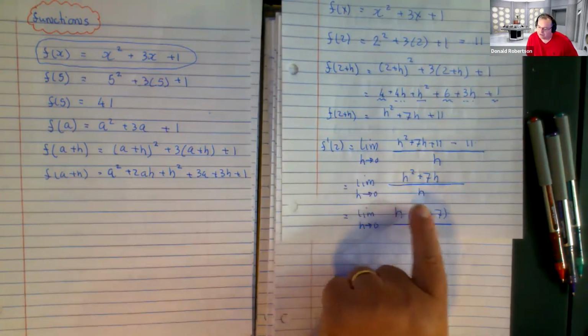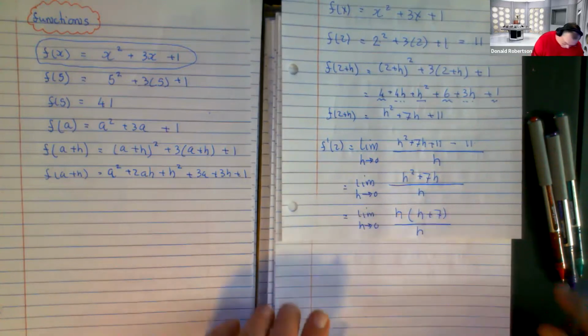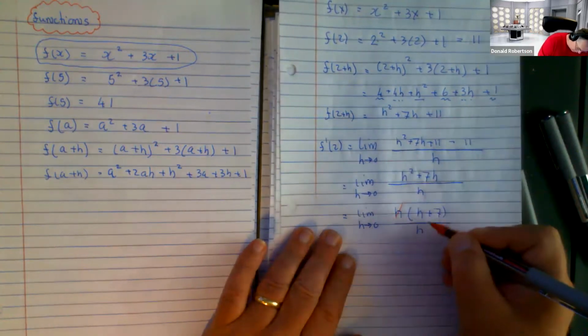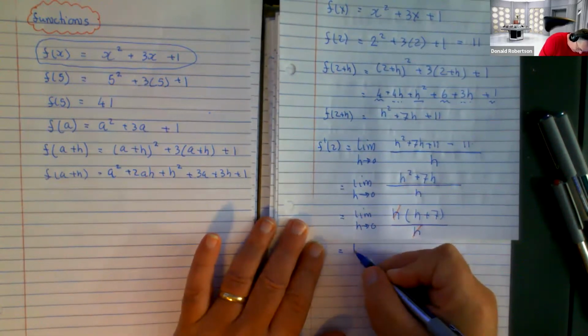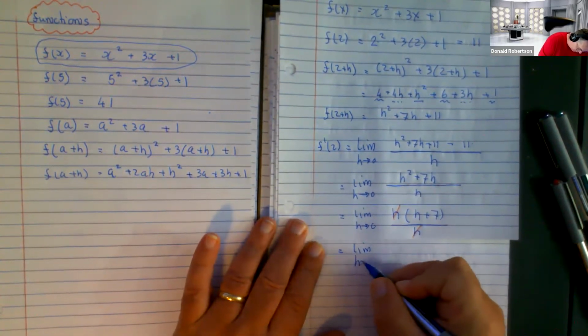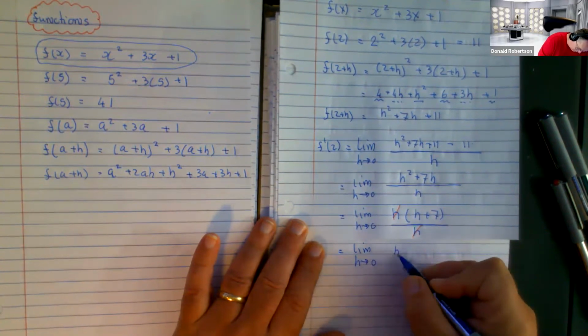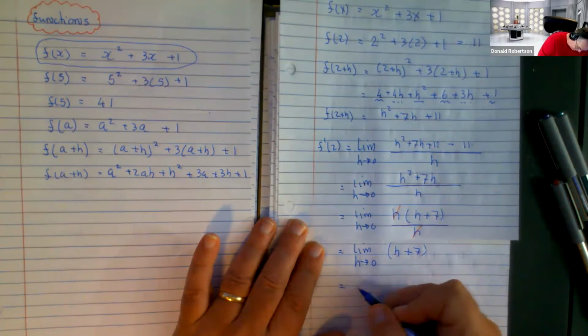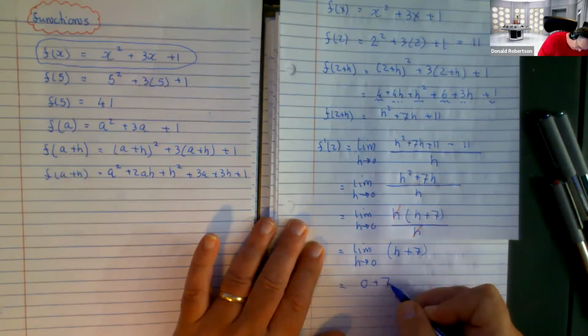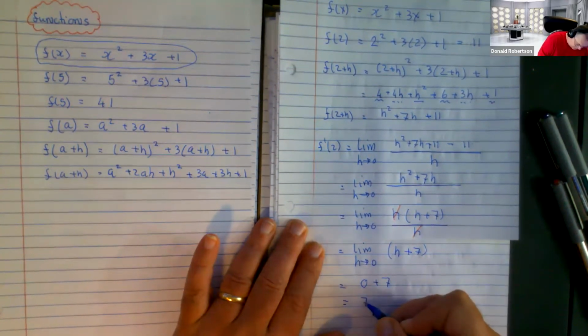Common factor of h. Now I'm going to cancel, 1 for 1. So we get the limit as h tends to 0 of that guy, which is dead easy because 0 plus 7 is 7.